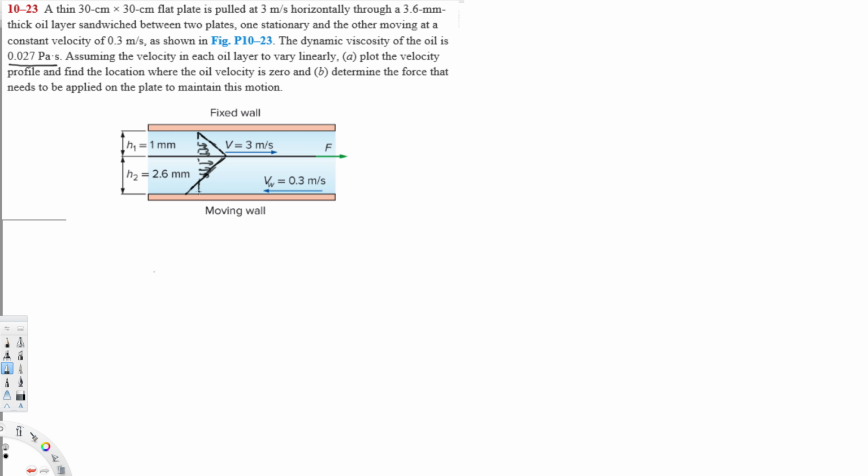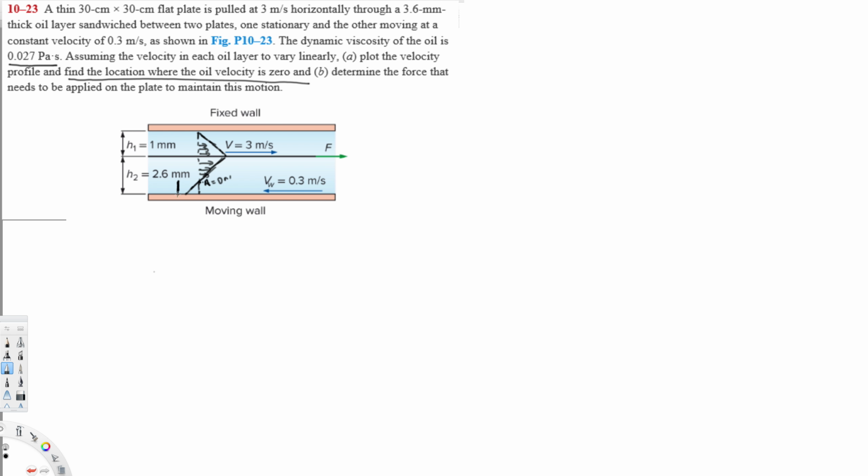If I take this one as A, this point is going to be 0 velocity, where the change occurs. So this is 0 velocity, and this is the distance we have to calculate, the location where the oil velocity is 0.